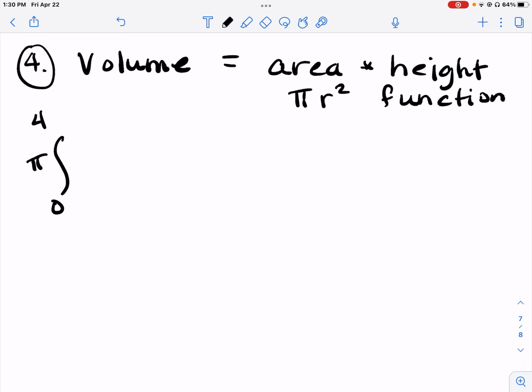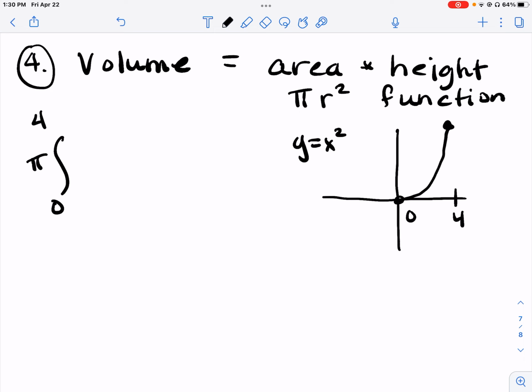Gonna bring out that pi. Oh, I kind of got ahead of myself. I didn't graph it. The function is y equals x squared from 0 to 4.